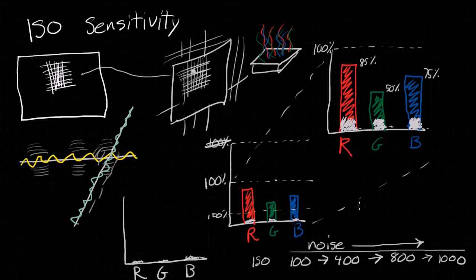Now, newer cameras have much better sensors that are able to not pick up all this electronic noise. So they can scale up much higher and not have this noise affect the final picture. Some of the newest cameras can scale thousands of times up, and you still won't really have much noise in the picture, which is really nice when you're having to shoot in areas where there's really not much light.